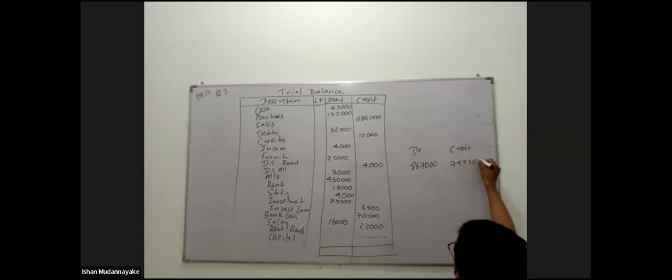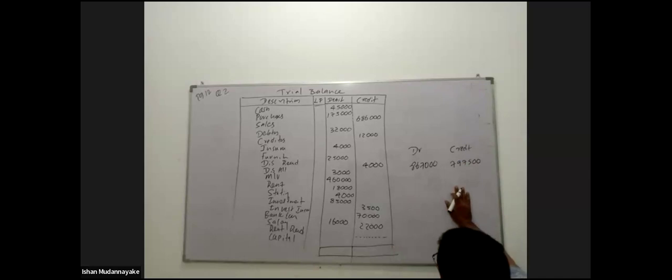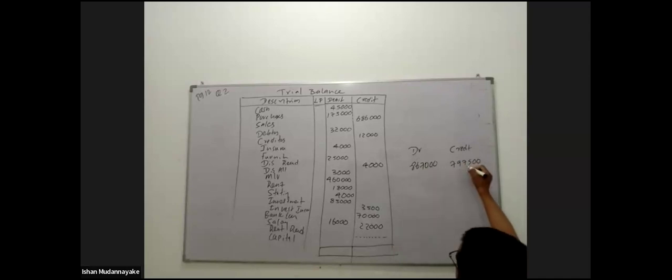Right. And then from the total debit side amount, you need to subtract 797,500. Then you can calculate the capital balance.